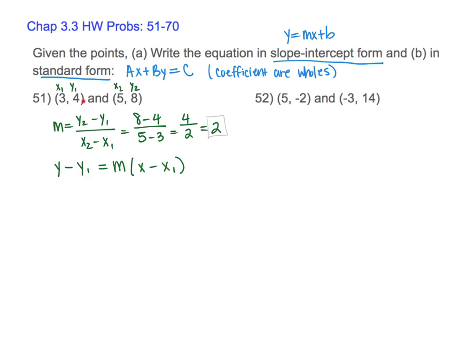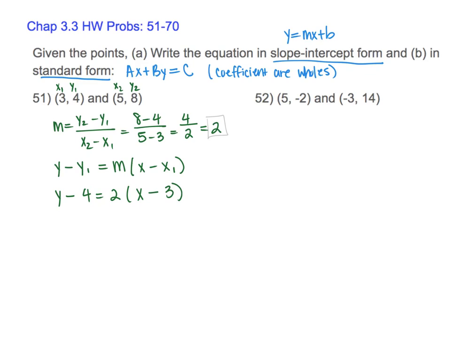I'll just use this point, and I'm going to plug y into here and x into here, and then I'll plug in the slope that I calculated here. So this is going to be y minus my y1, which is 4, my slope, which is 2, x drops down, and x in my coordinate is 3. So keep in mind your y and your x in this formula that doesn't have the subscript just comes down as it is. Those are just going to be treated as variables.